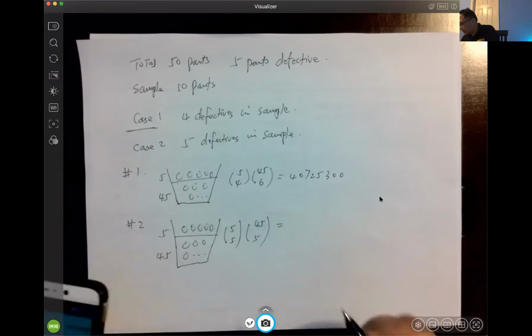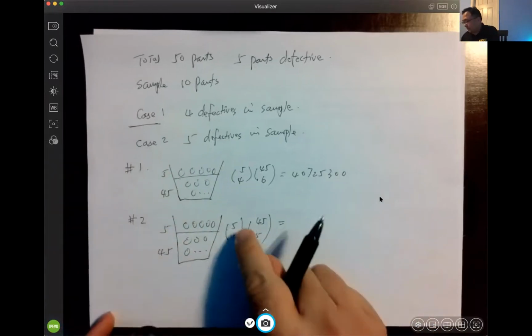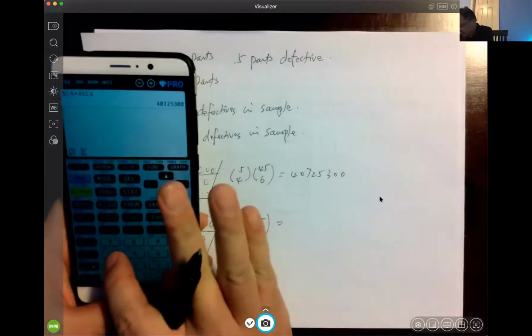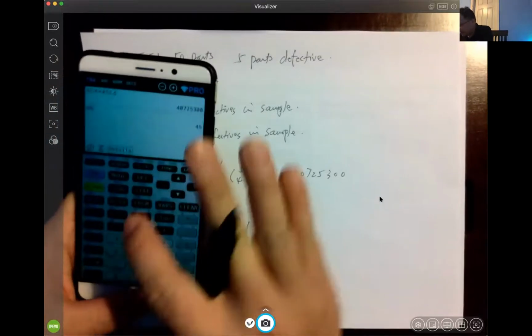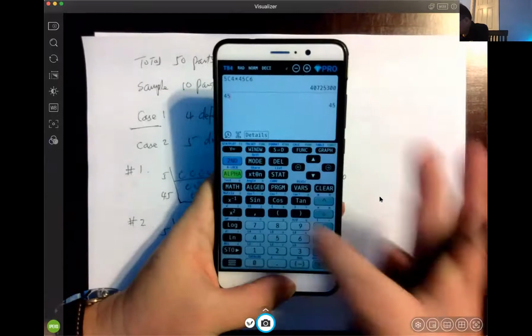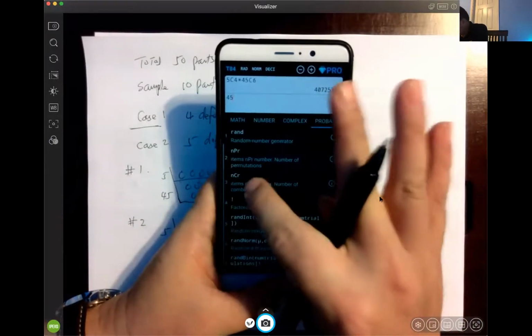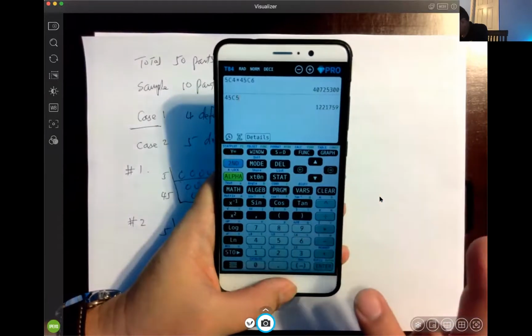And 5 choose 5 equals 1. Okay. So I just calculate 45 choose 5.